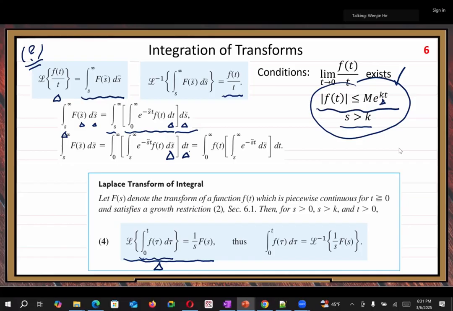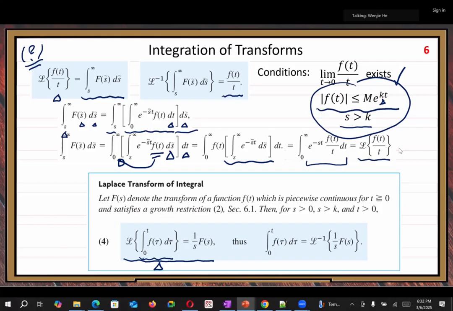Because with respect to s tilde, f of t is a constant, you can take it out. Then you do the integral, which is easy. After this, you apply the definition of the Laplace transform in t.